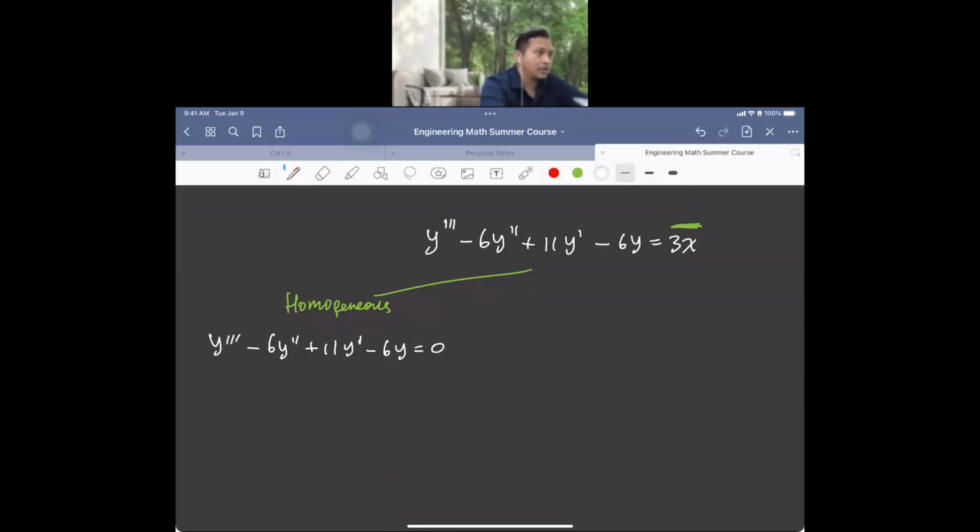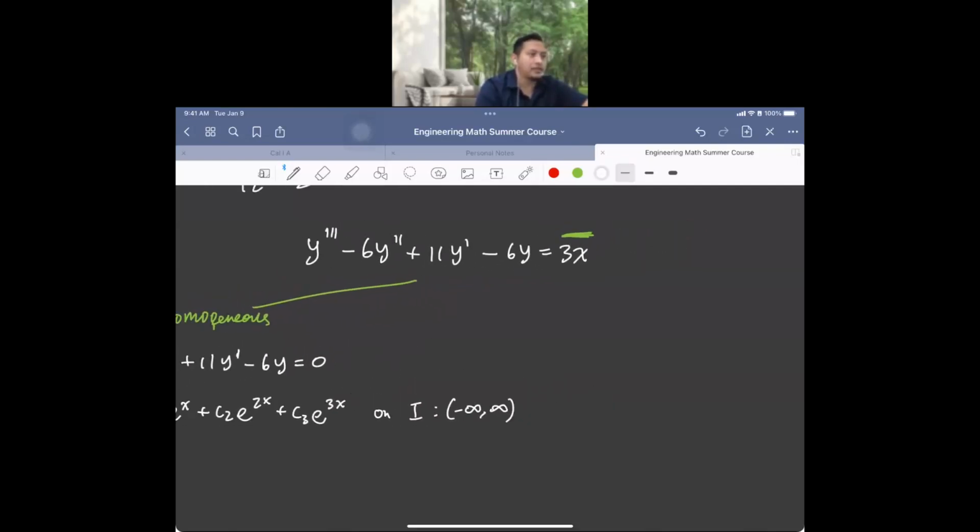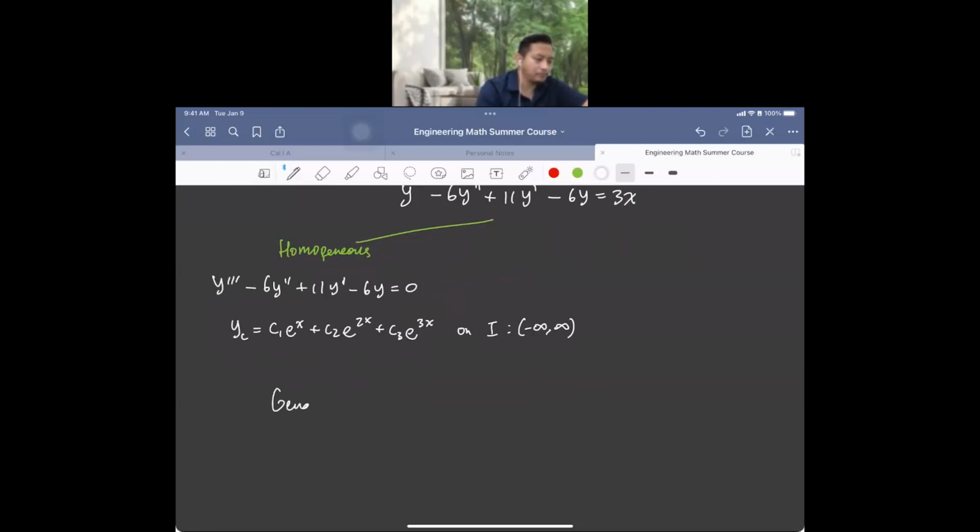So from the homogeneous one, we know that yc equals c1 e to the x plus c2 e to the 2x plus c3 e to the 3x, on the interval for all x.